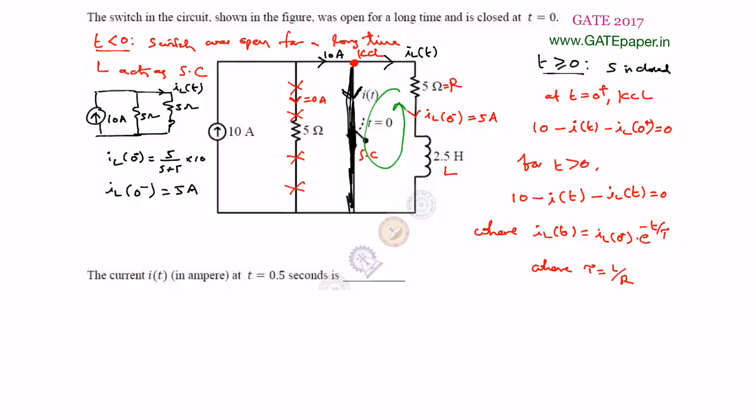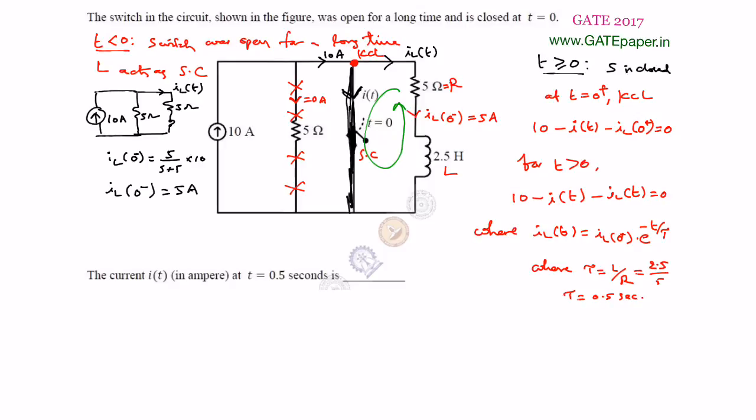So tau is 2.5 Henry divided by 5 ohms, which is 0.5 seconds.